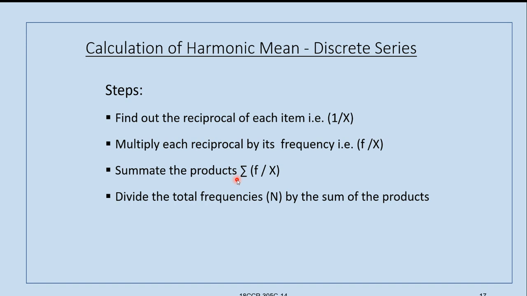Here we will have an additional column called frequency. That means we will have 4 columns in this problem. First column is the given series, that is X. Second column is frequencies.